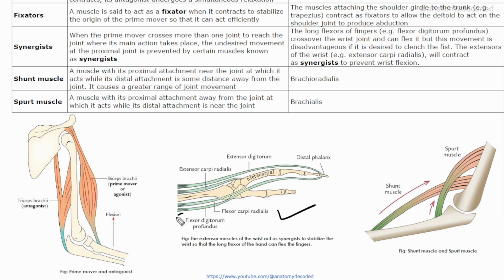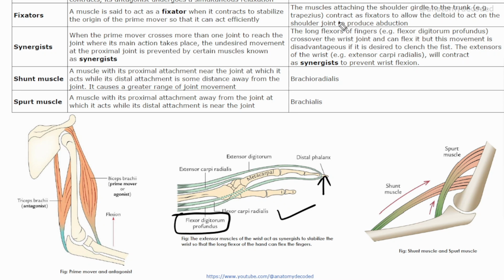The muscle which goes to the fingers, flexor digitorum profundus, goes up to the distal phalanx, but it is crossing multiple joints. When flexor digitorum profundus is acting at the distal phalanx, some other muscles are working as synergists.